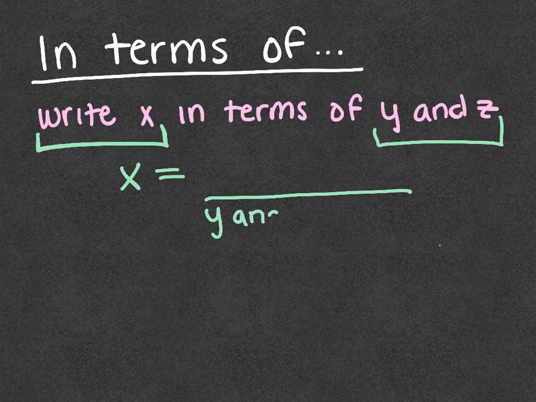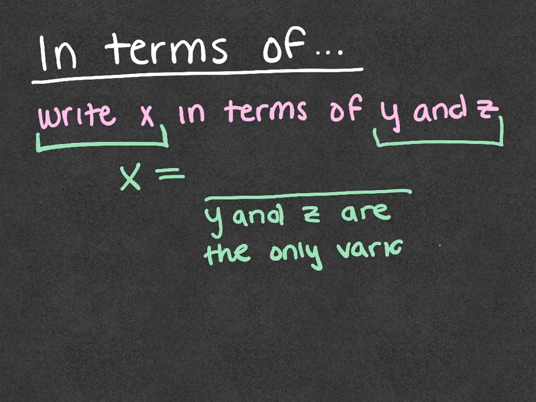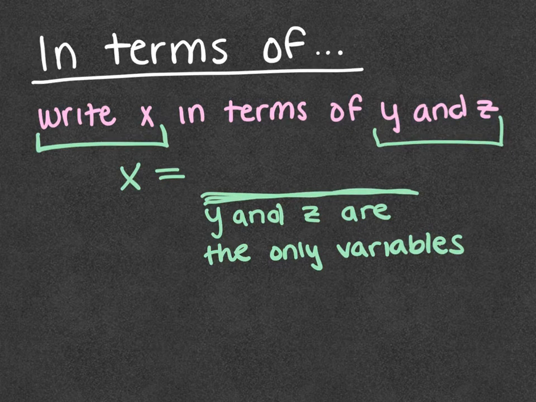So y and z are the only ones. We're going to go through an example to do all of this together, but in general, that's what that means. So whenever you're writing something in terms of something else, that's what should be in the equation.